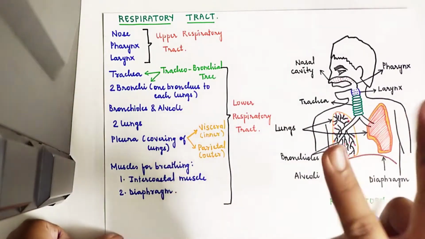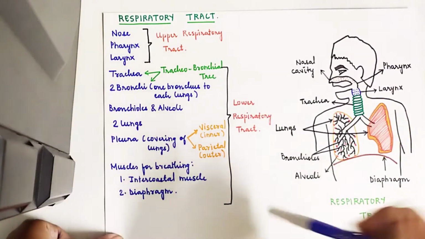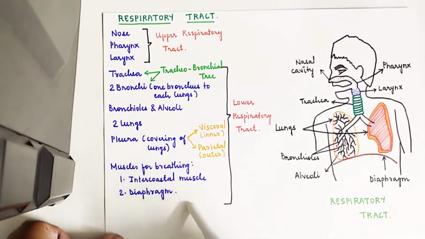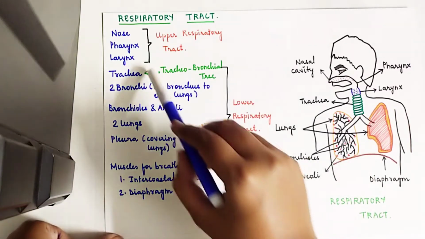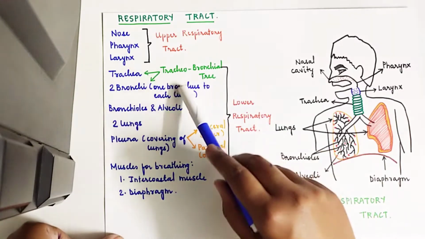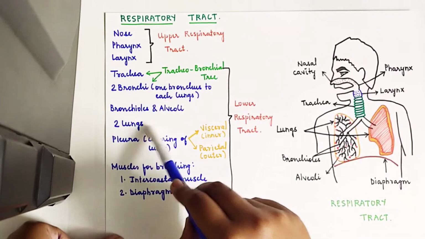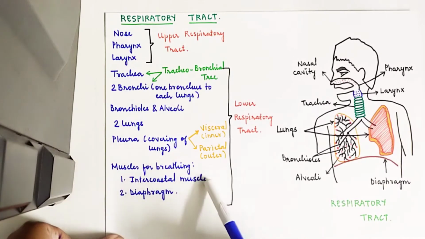The pleura has mainly two linings: inner visceral, outer parietal, and the muscles for breathing, that is the intercostal muscles and diaphragm. All this constitutes the lower respiratory tract.